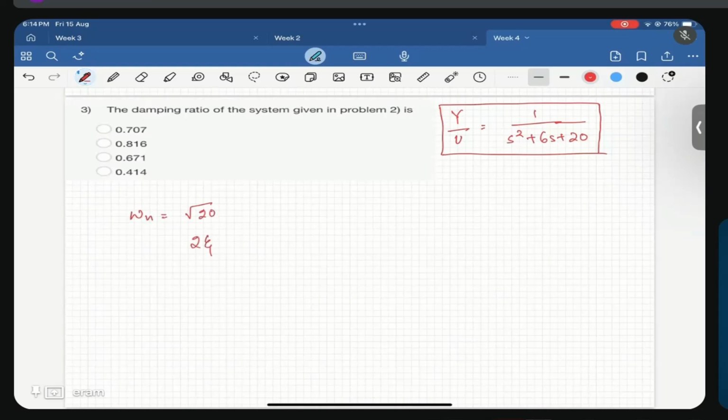So 2 zeta omega n is the coefficient of s, that is 6. Okay, so we have to find zeta. So zeta is 3 by omega n, which is 3 by under root 20. So if you calculate it, you will get 0.67 something. So the correct option is third.